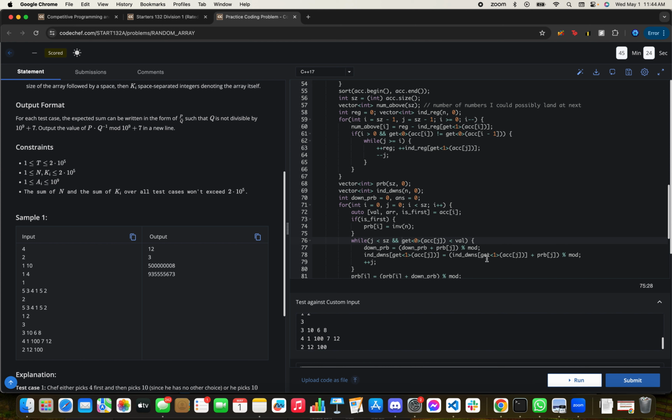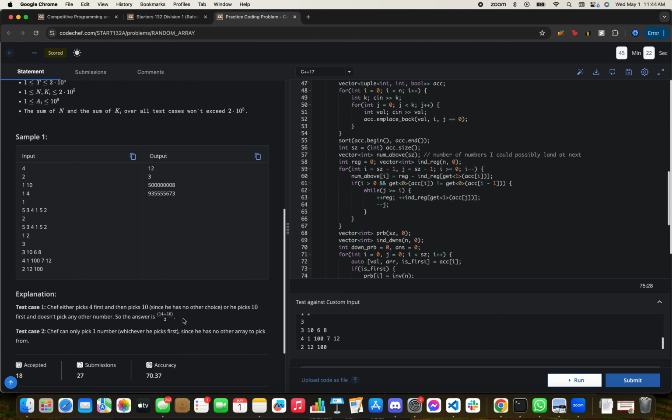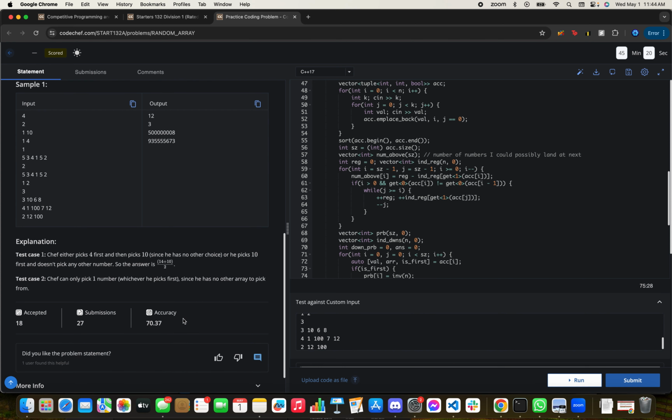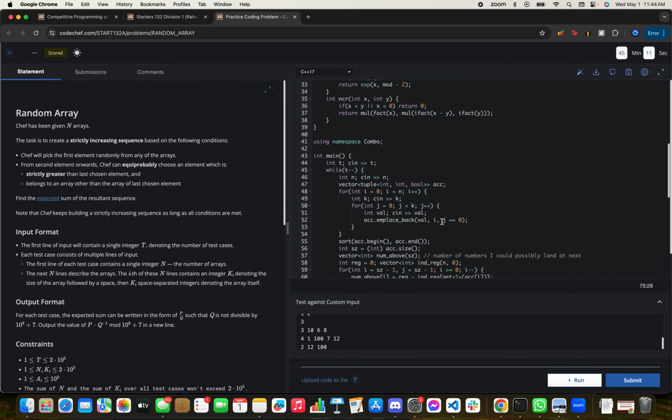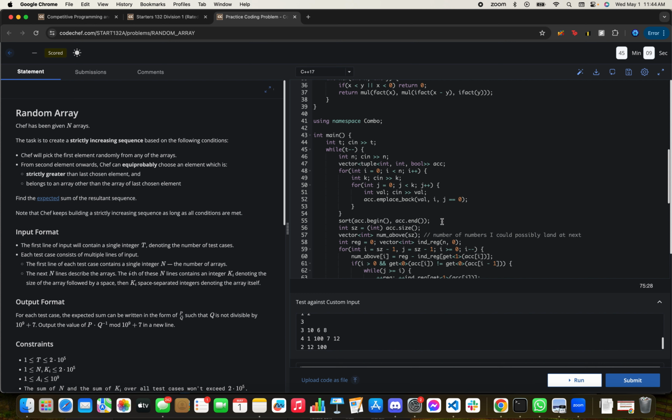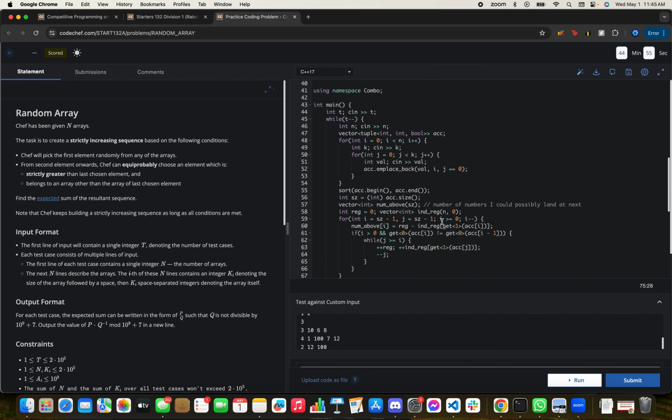Wait, I just can't compute the sample by hand. Maybe this method is wrong?